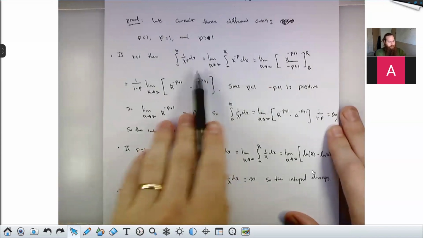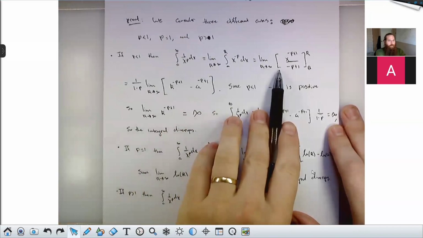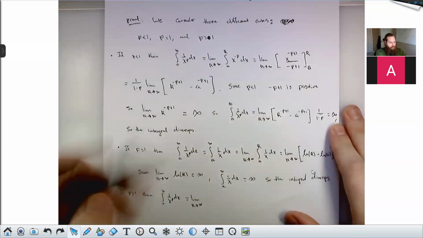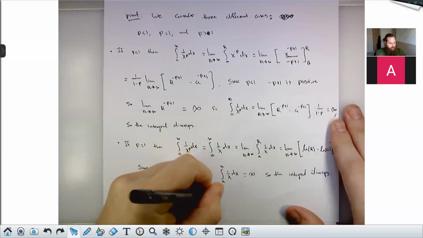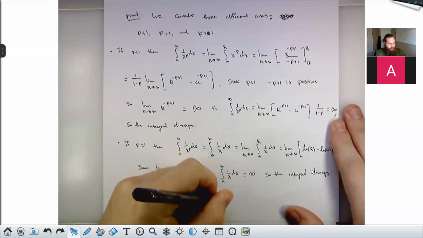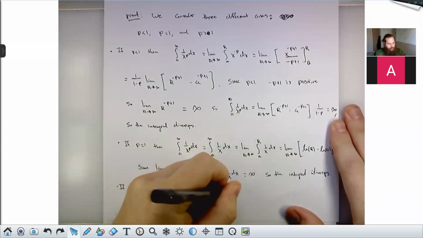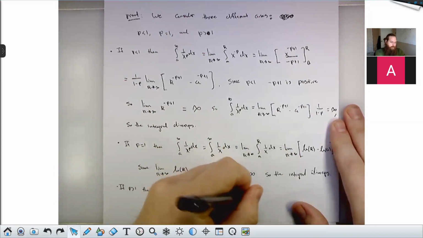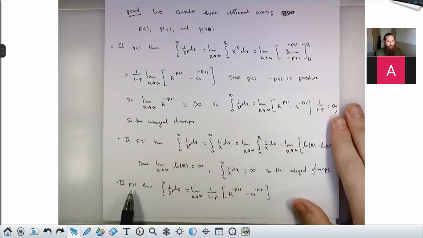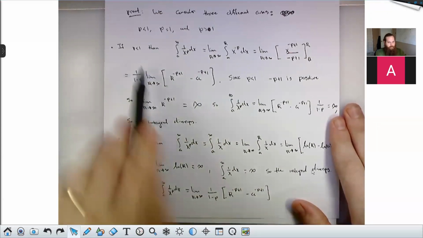I'm going to skip over these first few steps because we know what these look like. It's exactly the same. So this would be 1 over 1 minus p times r to the negative p plus 1 minus a to the negative p plus 1. Because again, if p is bigger than 1, then it's a power rule integral the same way as if p is less than 1.